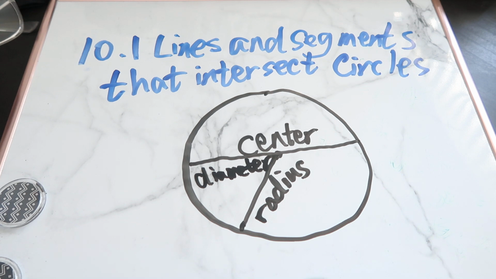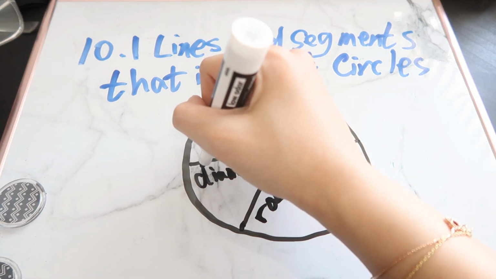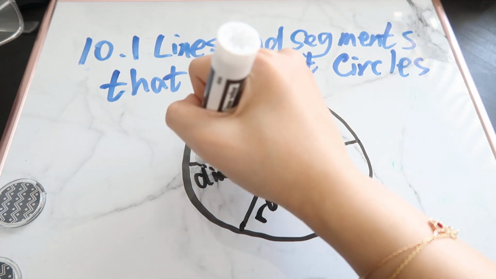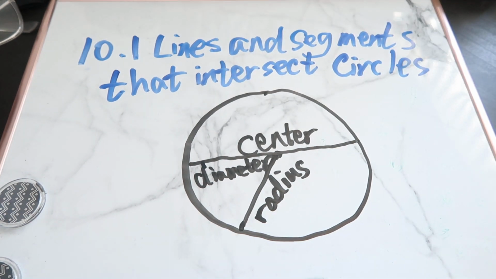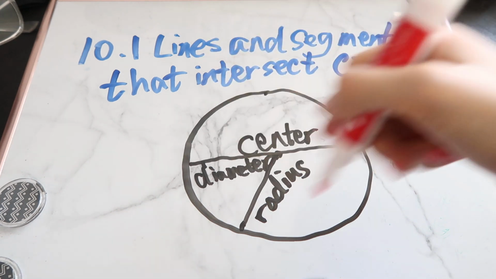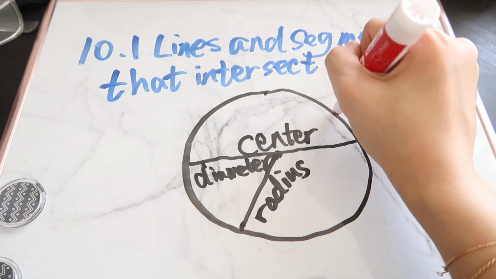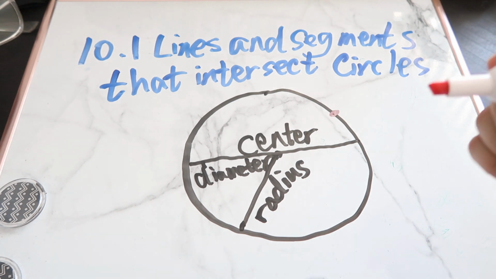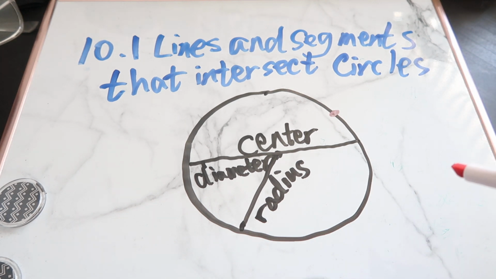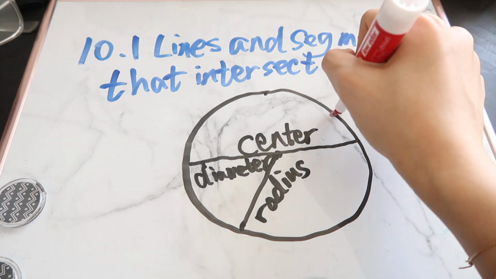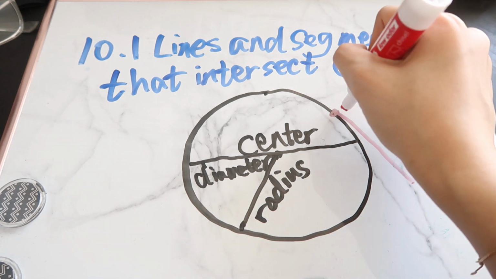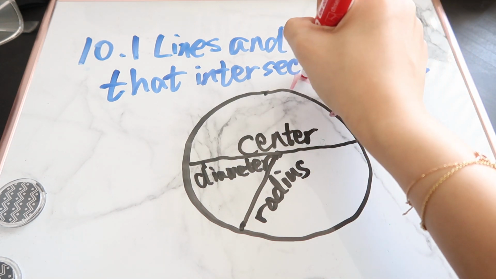Alright, and then what I'm going to do next is change to a different color and hopefully we can see the difference. So now when we find any point on the circle, this point right here, and then we draw a line that is completely on the outside.